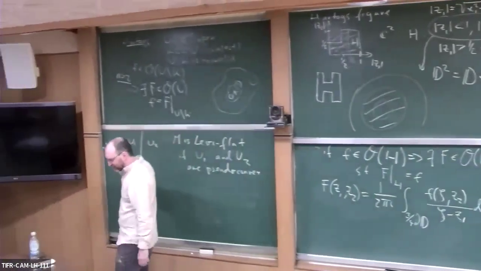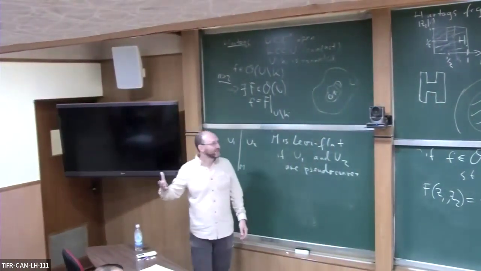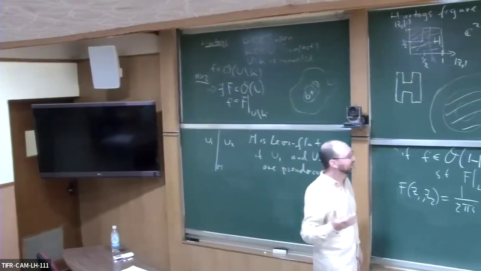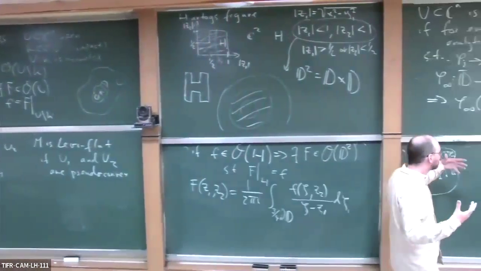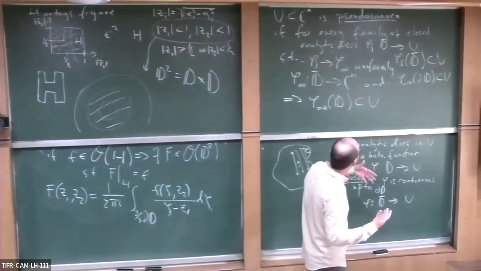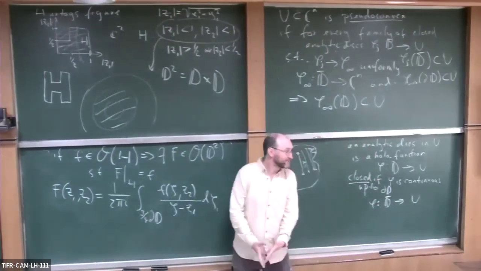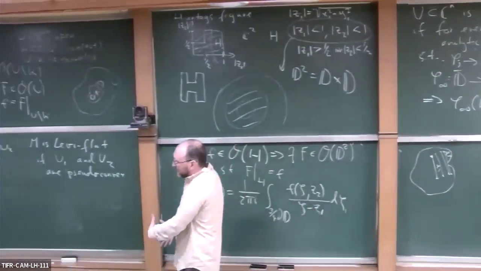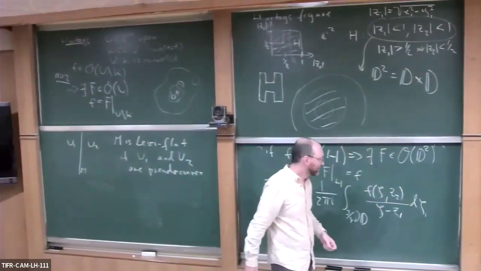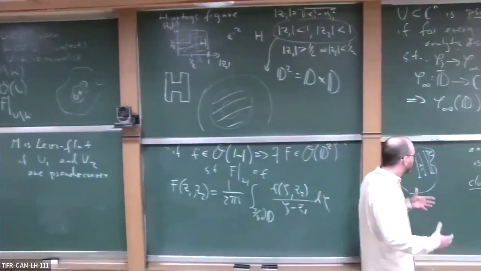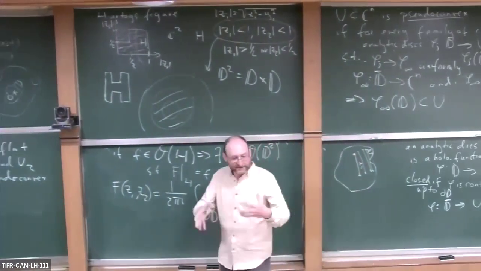So this is one way of thinking of Levi-flat. This way doesn't really require any geometry on the boundary, but it might be a little bit harder to check, right? So what we really want to do is the CR geometry.